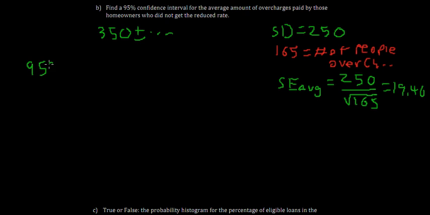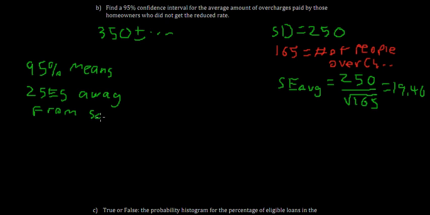So remember, if we're doing a 95% confidence interval, 95% means we use 2 SEs away from the observed average, the sample average. So this 350 plus or minus, what is it plus or minus? The plus or minus is 2 times the SE of the average.